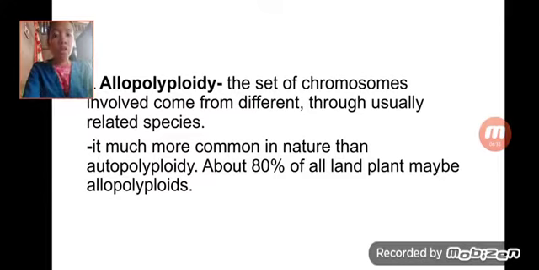Almost all alloploids are infertile due to not having full sets of chromosomes. Full sets of chromosomes are needed for the pairing of chromosomes during the process of meiosis. There is one huge requirement that has to be met for allopolyploidy to occur on its own. The organisms must be sexually compatible.